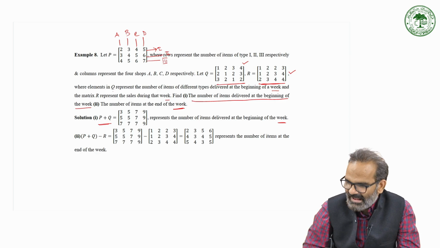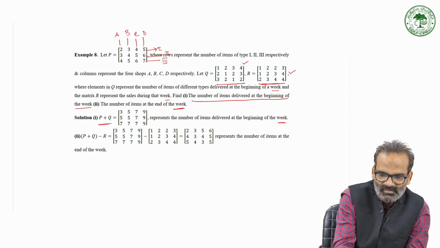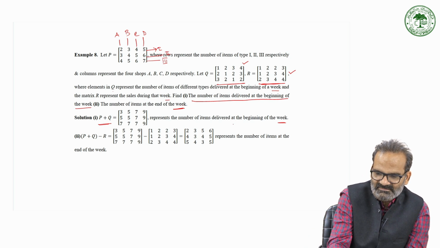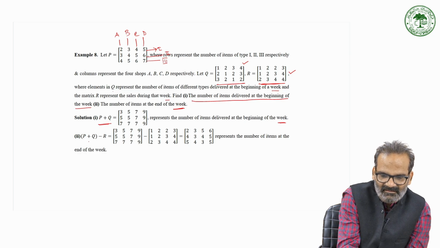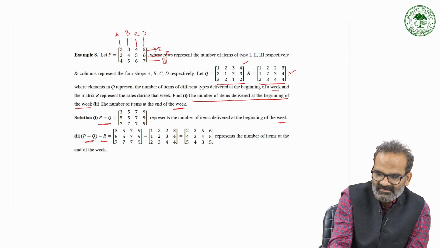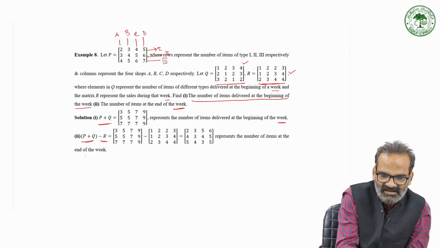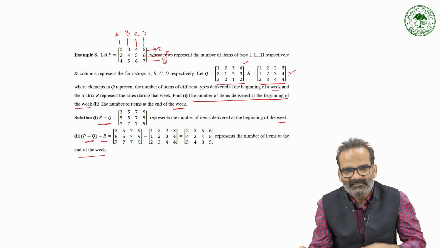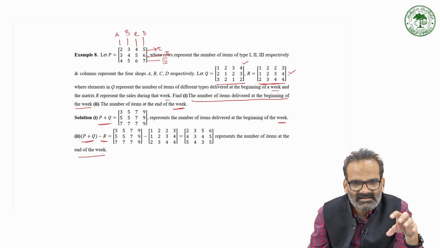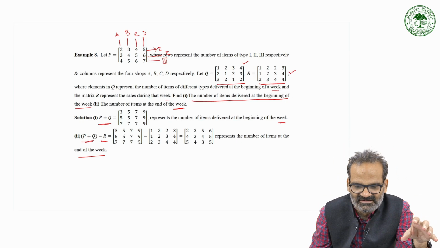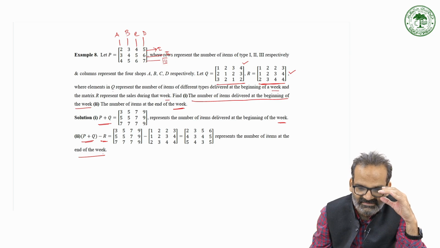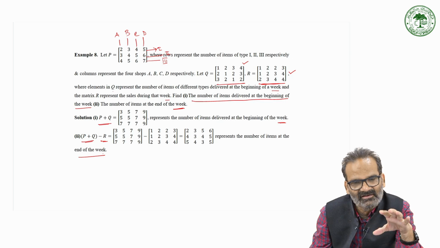So P plus Q represents the number of items delivered at the beginning of the week. If we subtract R from P plus Q, then it will represent the number of items at the end of the week, because P plus Q is the delivery of the items in the beginning of the week, and R simply represents the sale during that week.